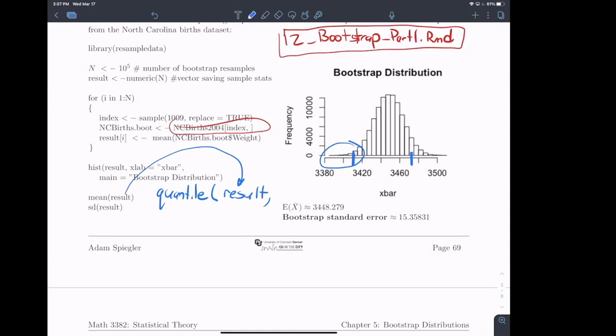So there are different ways that we could do that. And one way would be to just write out what the probability is for that.